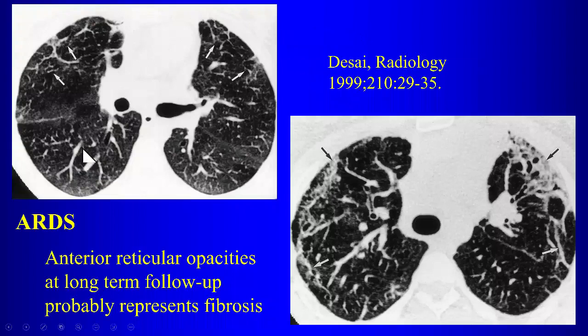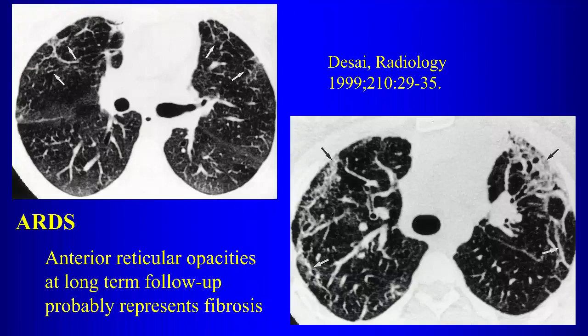Another interesting appearance about the fibrosis associated with ARDS is it tends to be anterior predominant, or it may be anterior predominant. So this is thought to be related to oxygen toxicity, because with the patient mostly lying on their back, the higher oxygen concentrations go to the more aerated regions of the lungs, which are anterior.